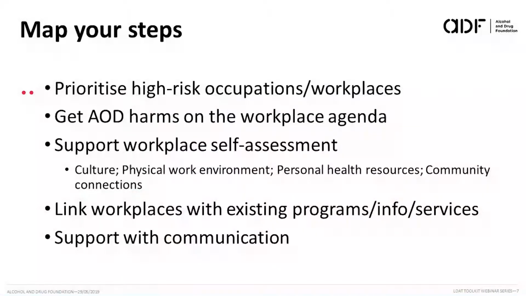Sure. So talking about mapping your steps, I guess the first thing is to prioritise the high-risk occupations or workplaces within the community. Some of them are listed off in, I think it's 1B, so it's right at the start. I'll read them out.